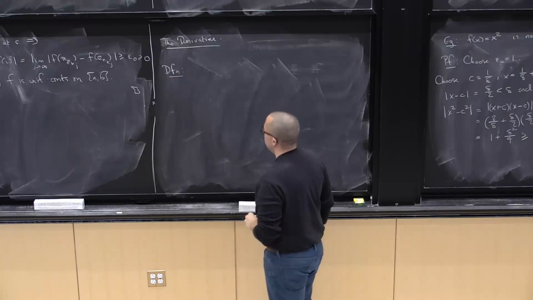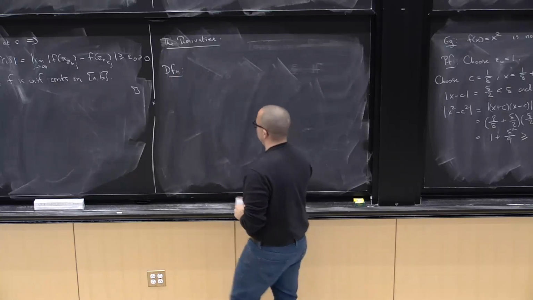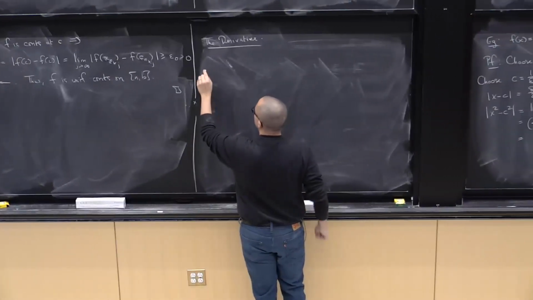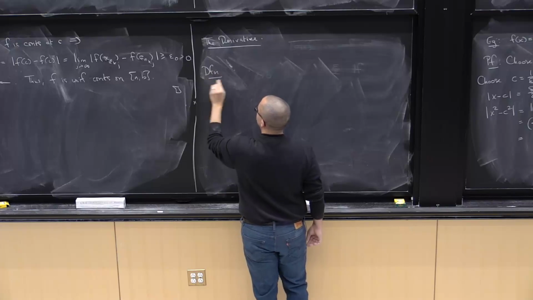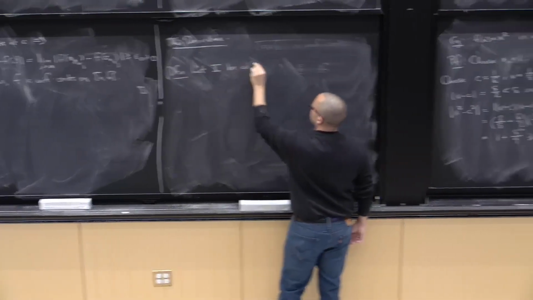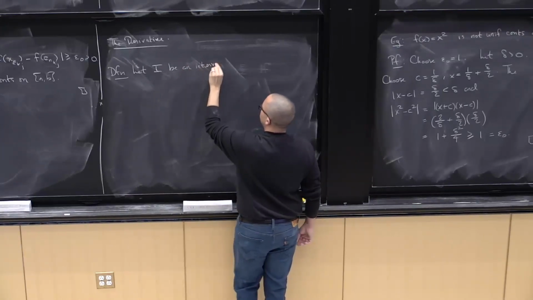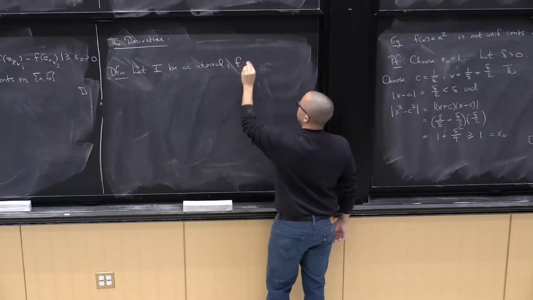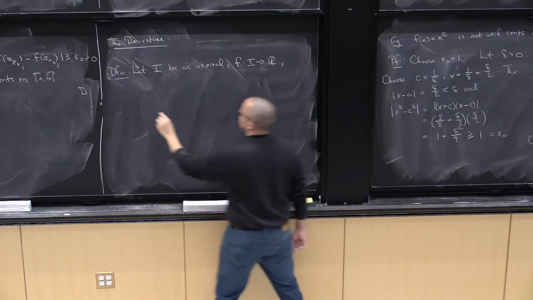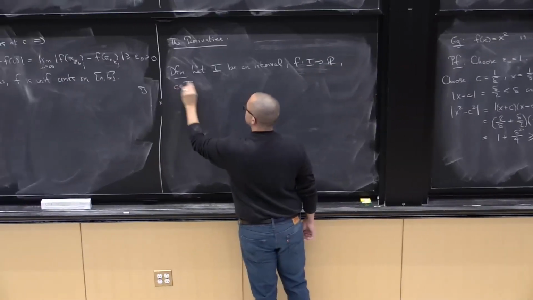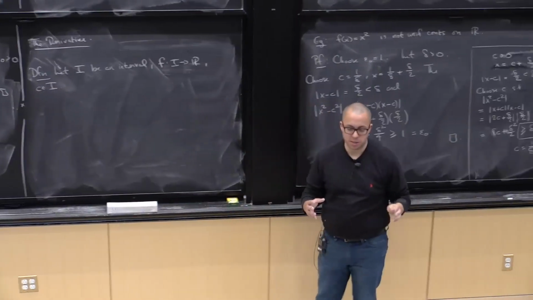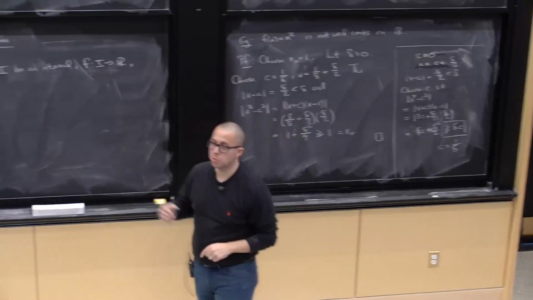So first off, let I be an interval, f goes from I to R, and c an element of I. Now when I say an interval, I don't mean it has to be closed and bounded like the ones we've been working on.